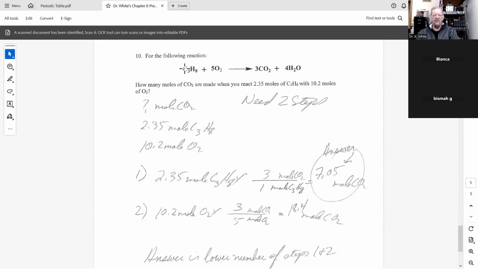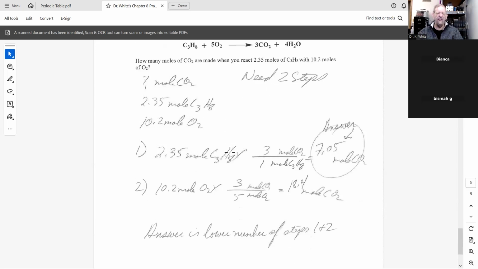When you're given a balanced chemical equation in moles, that's going to mean you need two steps. We're trying to find moles of CO2, we're given moles of C3H8 and moles of oxygen. Well, you have to do two calculations. For the moles of each reactant, how many moles of product will you get?